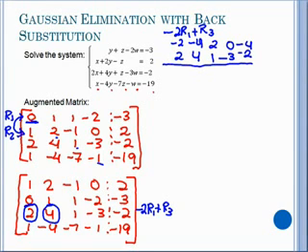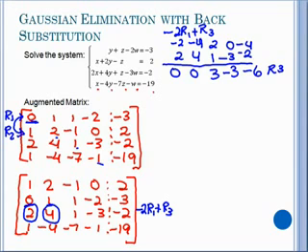Add these together, 0, 0. 2 plus 1, we get 3, -3, and -6. So that is our new row 3.